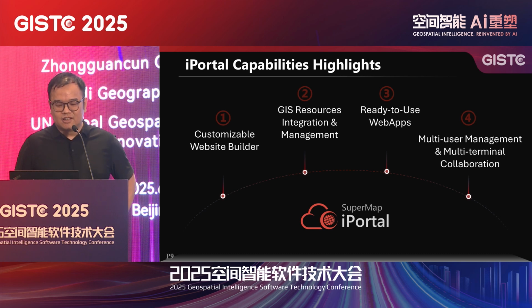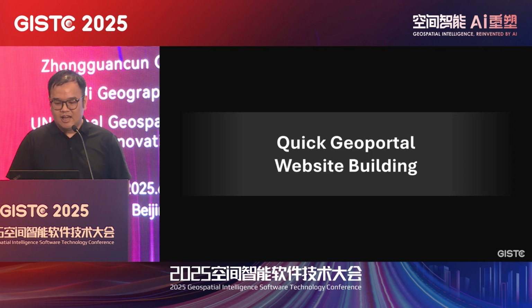We also offer a very capable user management and collaboration system that supports your portals with authentication, resource sharing, and many other functionalities. Besides this, it is also highly customizable and extendable. I'm going to go through the details of these highlights in a few slides.